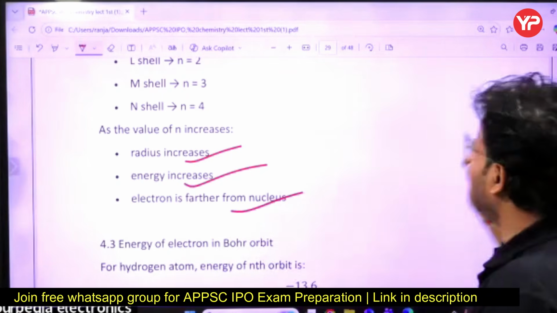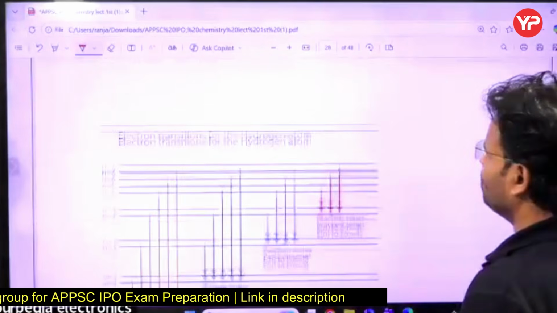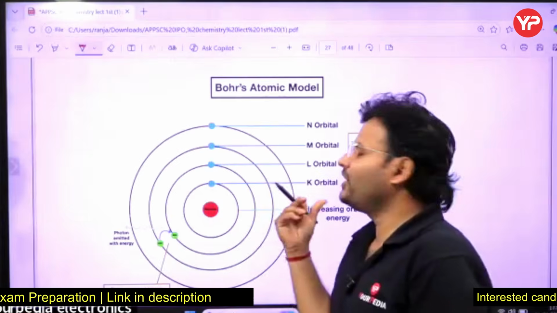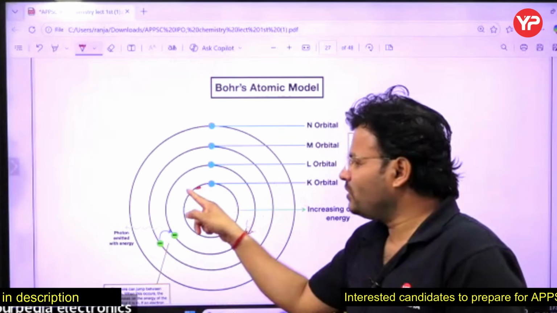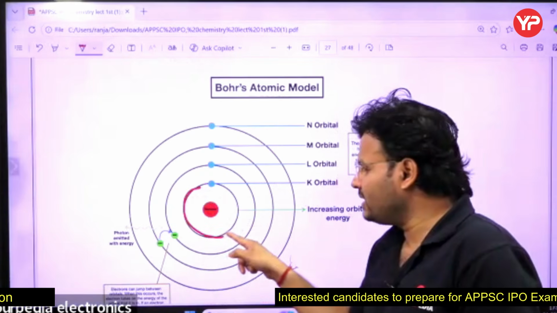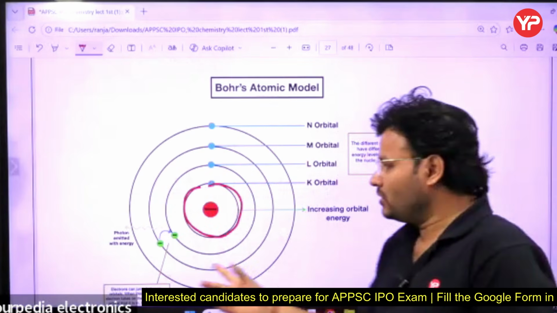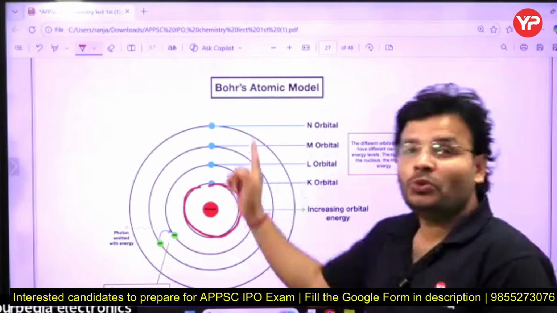Tell me, my dear friends, a very simple thing, you don't have to remember it. If you talk about the K orbital, the electron has to revolve in a smaller path. But for L, it has to move over a certain larger circumference. For M, more circumference.